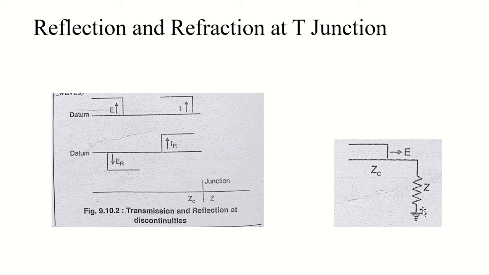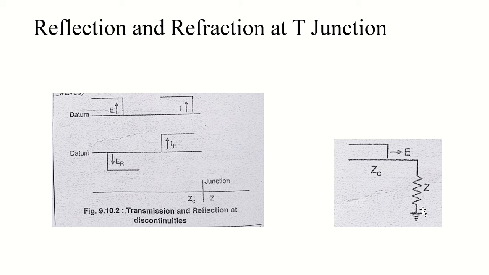Now let's see the different relations of voltage, currents, impedance and coefficients. So E and I, basically voltage and current, will represent incident waves, and ET and IT will represent the transmitted waves. And transmitted waves are the same as the refracted waves.